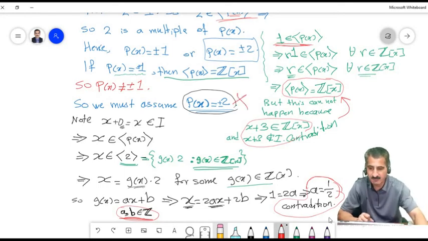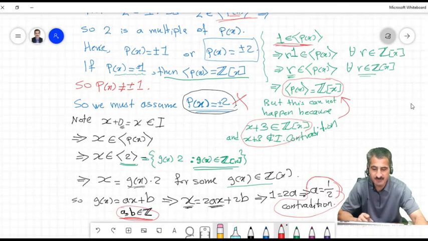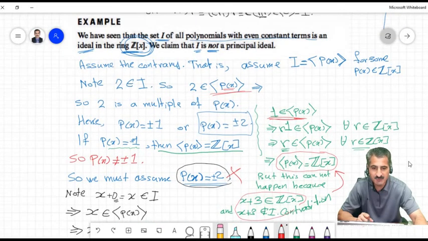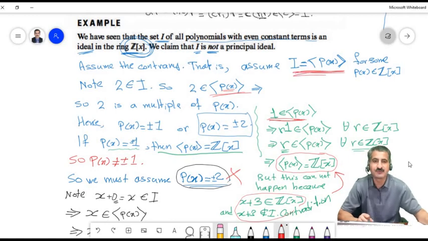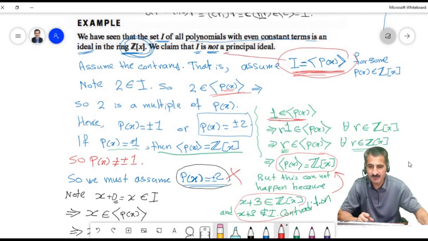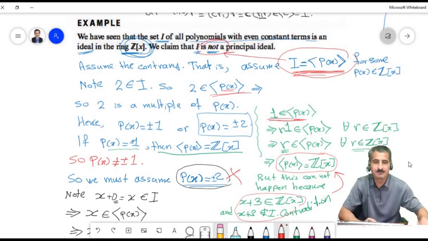But what forced us to assume that g of x equals 2? Actually, the assumption here was wrong. So we cannot assume that. And therefore, the ideal I is not principal.